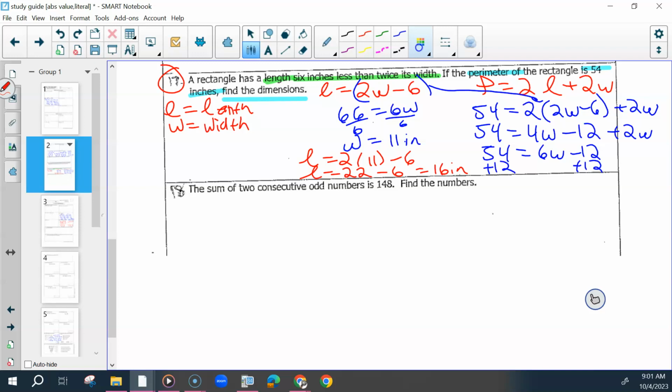Questions on that one? Other questions on 15 or 16? We could do maybe one more word problem if you guys need it on the next page, 7 or 8.